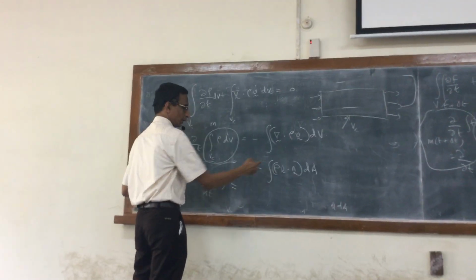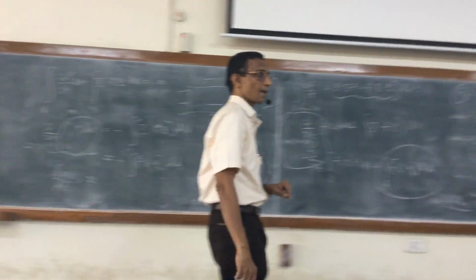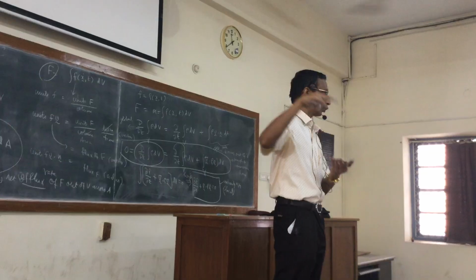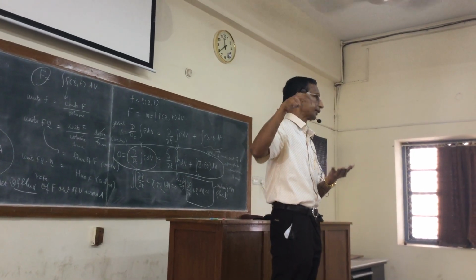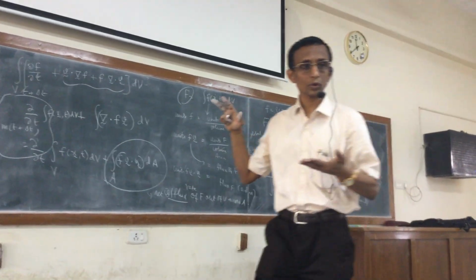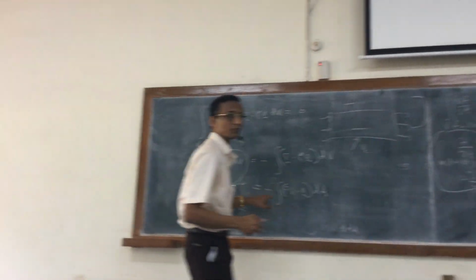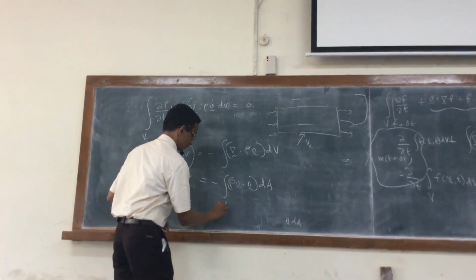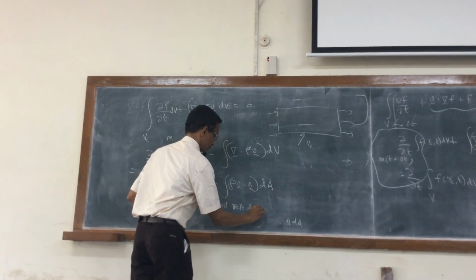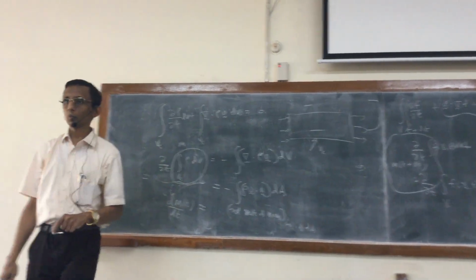This can be written, since ρ v dot n dA we have clearly seen is the net rate of efflux or outgoing flux. The integral of that will be the net rate of mass flowing out of the control volume. Clearly, the negative of that is the net rate of mass into the control volume.